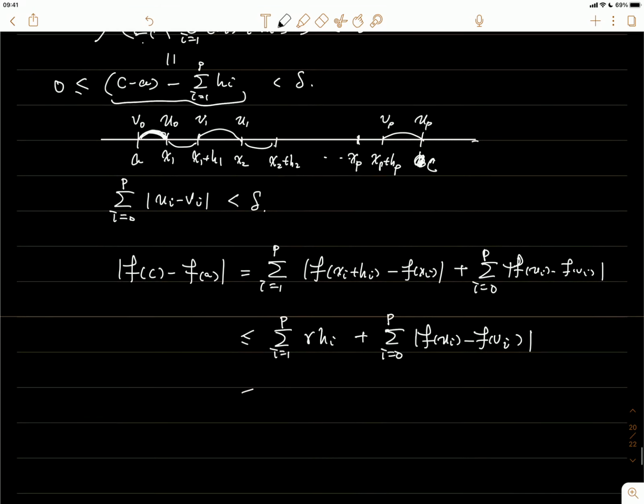So that's why this is less than or equal to r times the sum of h_i's, but the sum of h_i's will be less than or equal to C minus A. So this is just less than or equal to r times C minus A. Right? So you keep this.